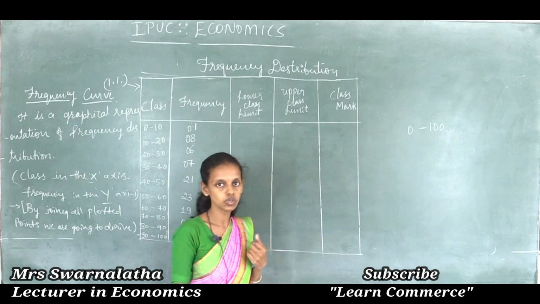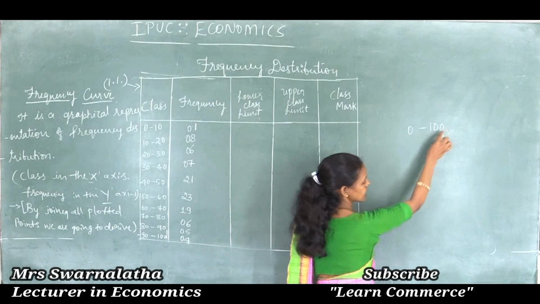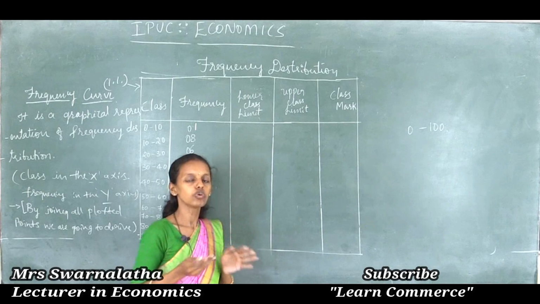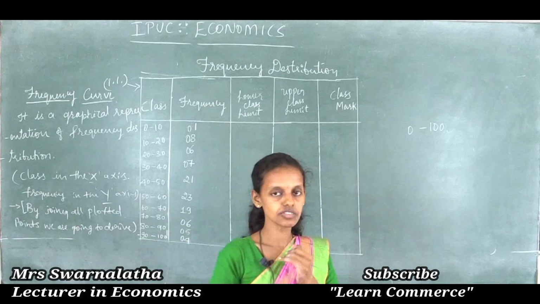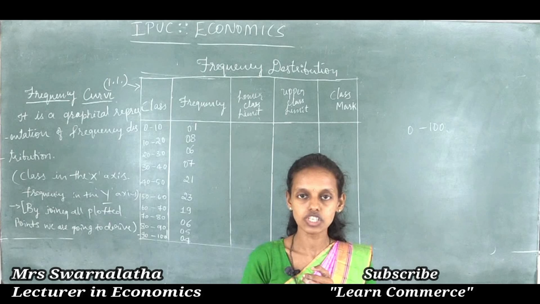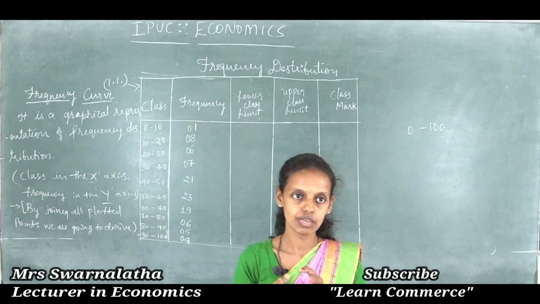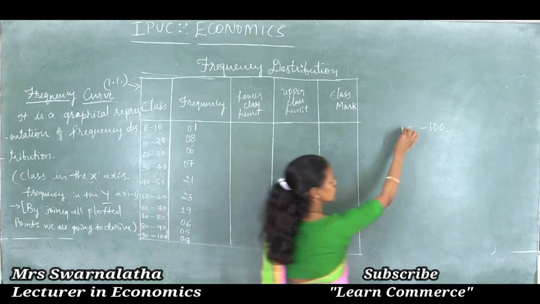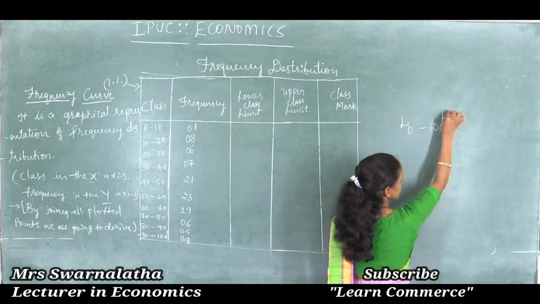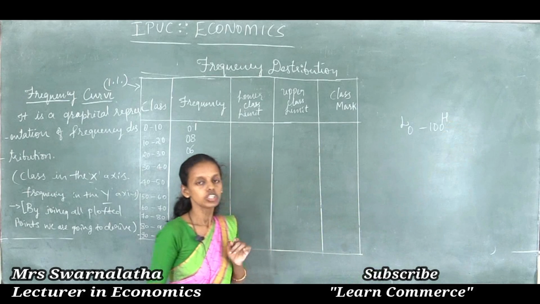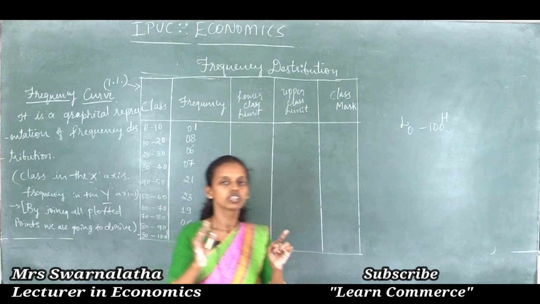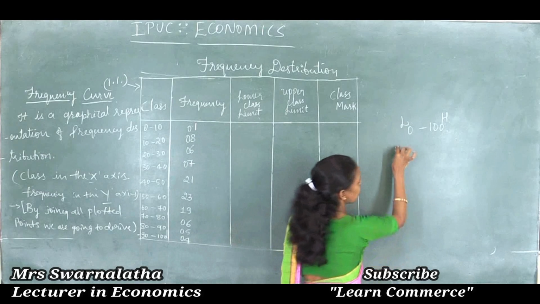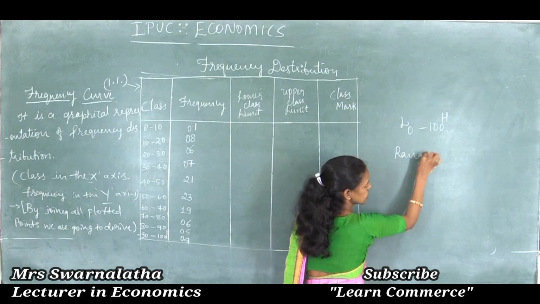While preparing the frequency distribution, we should keep in mind 4 main points: size of the class interval, number of classes, determining the class limits, and how to determine the frequency. Lowest number is 0, highest number is 100. Through the range we are going to obtain the frequency. Thus, how to find the range?